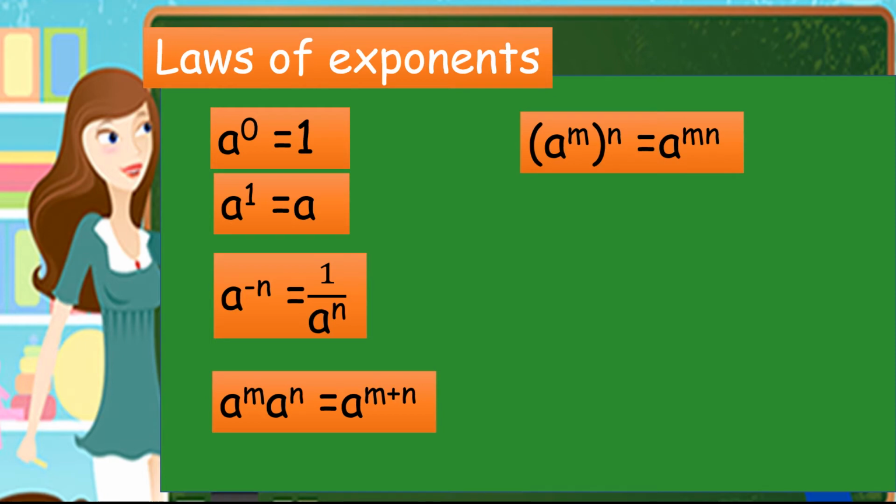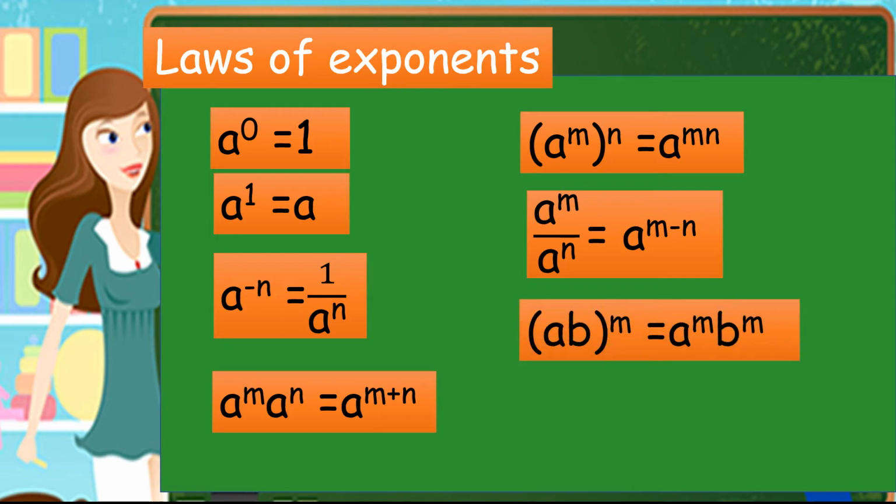And the quantity of a raised to m, quantity raised to n is equal to a raised to m times n. Then we have a raised to m over a raised to n power is equal to a raised to m minus n power. So another, we have ab raised to the m.